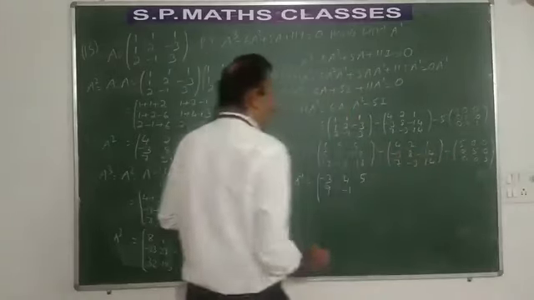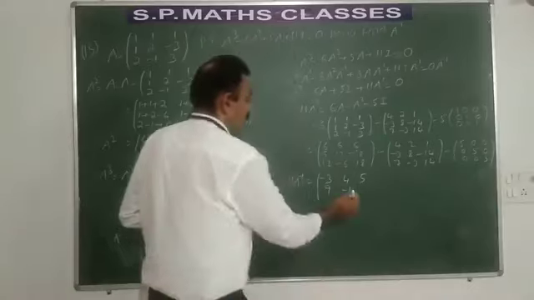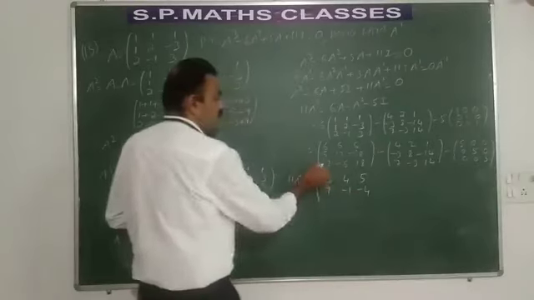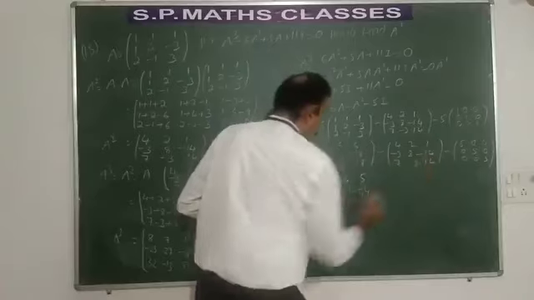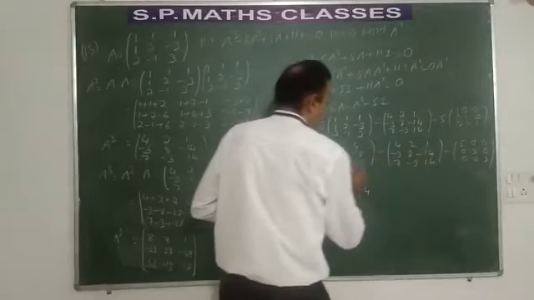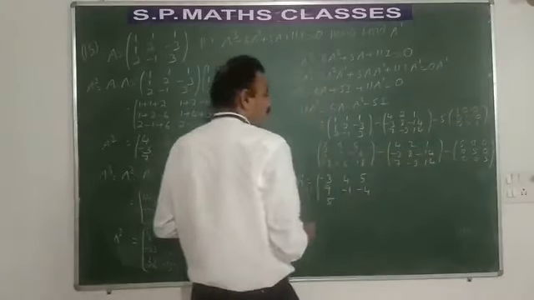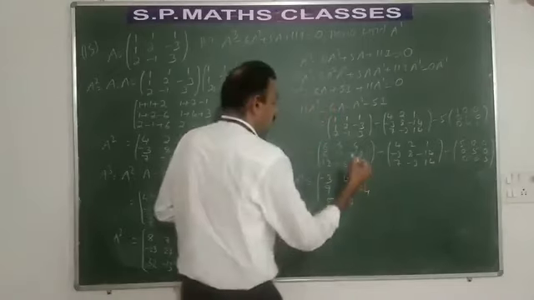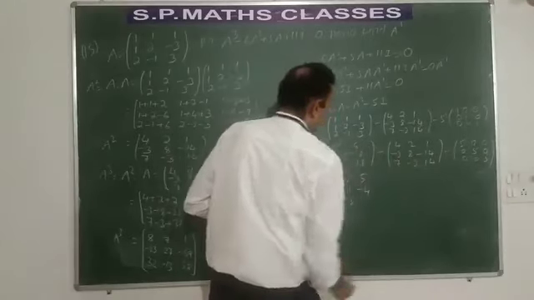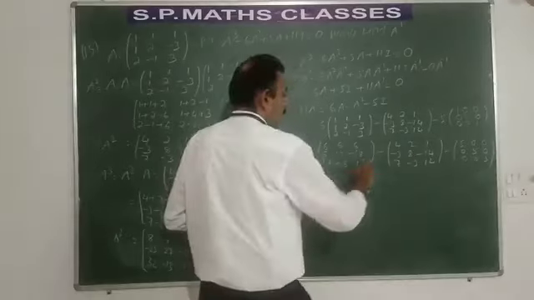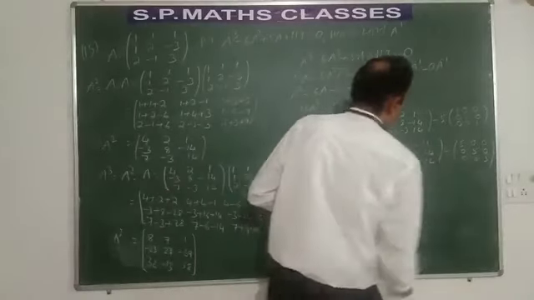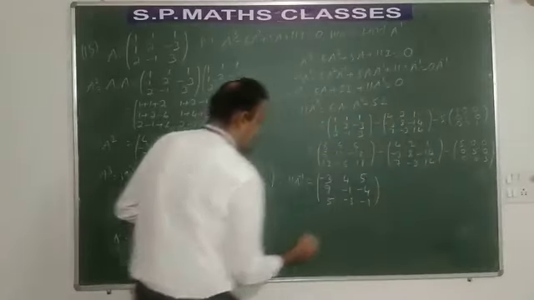Minus 18 plus 14 is minus 4. Then 12 minus 7, 5. 5 minus 0, it is 5. Minus 6 plus 3 is minus 3. 18 minus 14, 4. 4 minus 5 is minus 1.